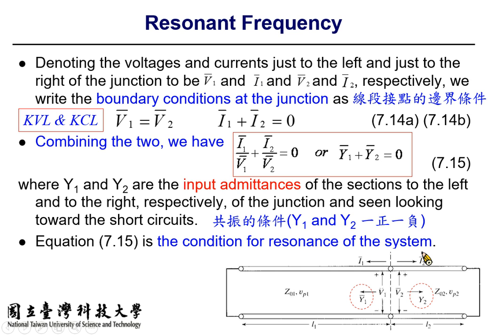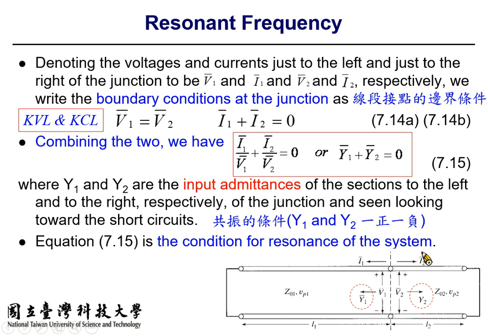You begin with I1 plus I2 equal to 0, and you divide both sides by V1. Because V2 equals V1, you replace the V1 here with V2. Then the first term becomes Y1 and the second term becomes Y2.